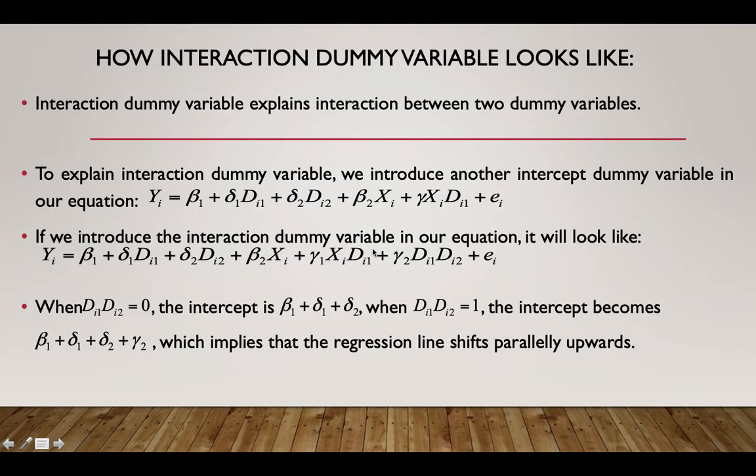Slope dummy is connected with an explanatory variable which is quantitative, but interaction dummy is just the product of two intercept dummies, and there is no quantitative explanatory variable here. So, it is a kind of intercept dummy because it is the product of two intercept dummy variables.